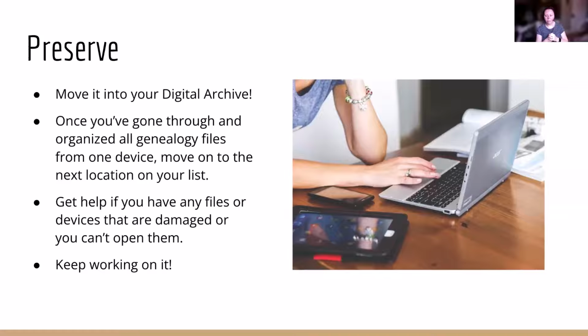But maybe there's one around, or maybe you can buy one used online and open up your floppy disks. So I would save all those difficult things for last, but you do have to address them somehow. And don't get discouraged, and ask for help with those kinds of things. And keep working on it. So, just like our family tree is never done, our family archive is never done.